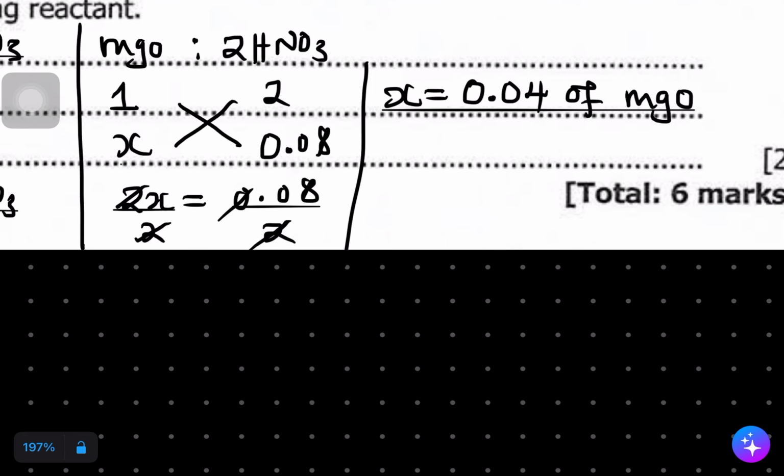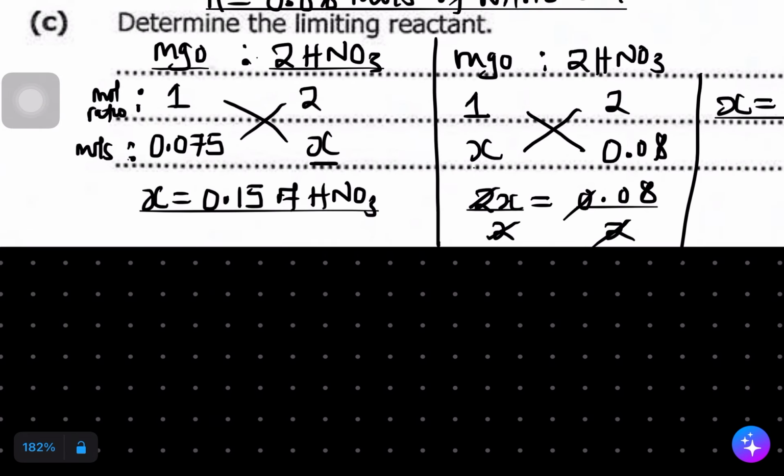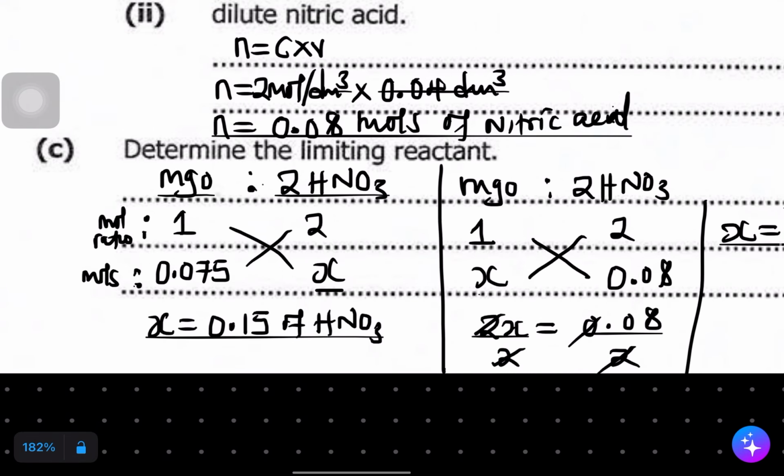Now, after doing this, you now compare. Okay, you compare, starting from the first one here, you compare this value which we have found for nitric acid with what we have calculated so far for nitric acid. So let's compare this one and this one. Which one is bigger? Okay, so we can see that this value which we have found is bigger than 0.08. Okay, so this substance is requiring a lot, or it needs more, 0.15 moles, to complete the reaction.